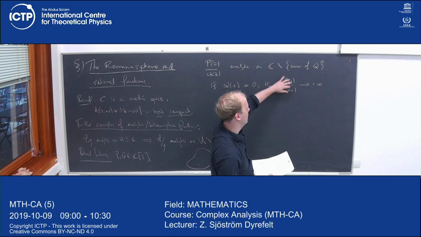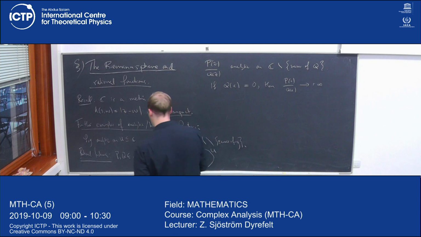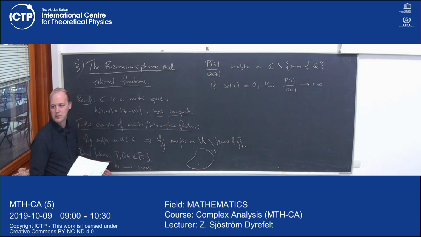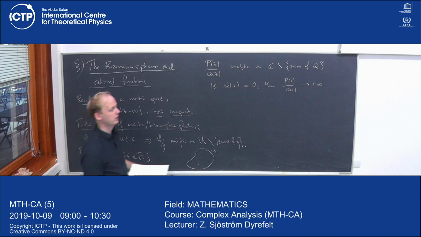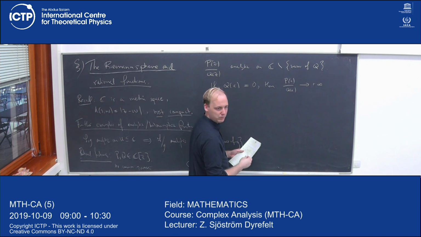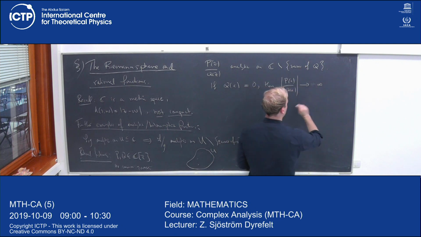So we assume that P and Q have no common zeros. And if we do have common zeros, we divide out by this factor, okay? So we assume we have no common zeros. When this is true, if we write it in its simplest possible form, the modulus of this quotient tends to infinity.